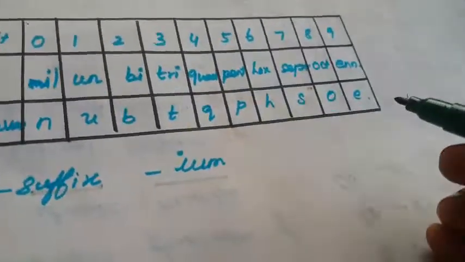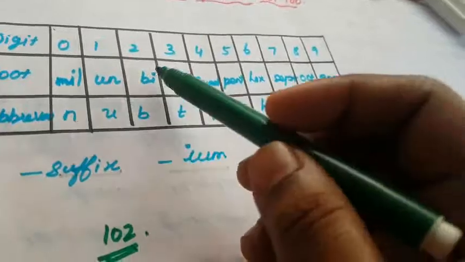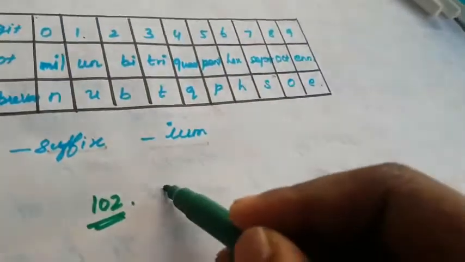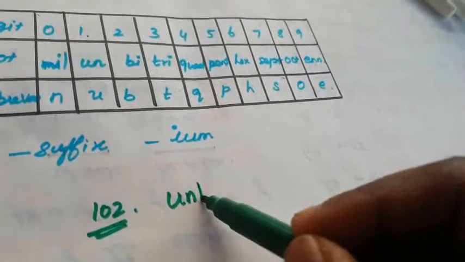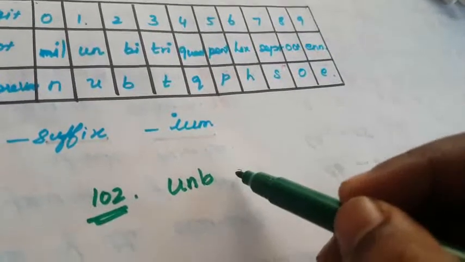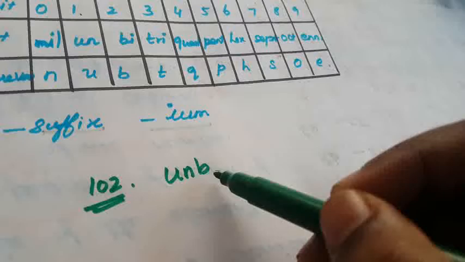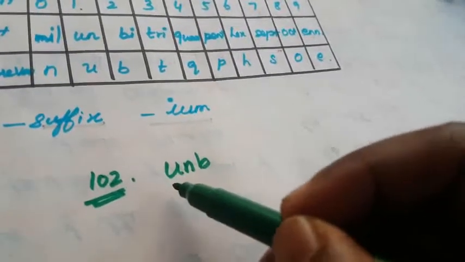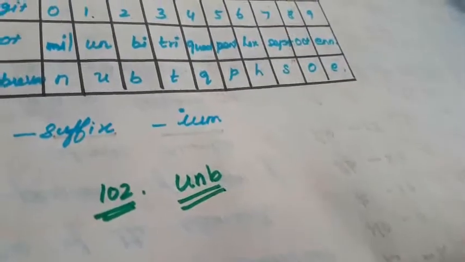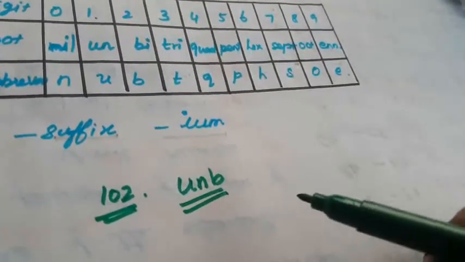Suppose the atomic number is 102. How to write it? First write the digits together: 1 is u, 0 is n, and 2 is b, so unb. This is the temporary symbol of this element. How to give the temporary name?